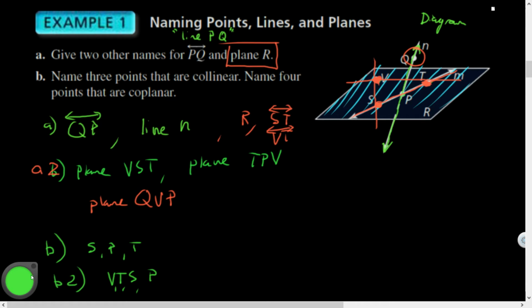Which, by the way, there does exist a plane that passes through Q, P, and S, which also would have T on it, I just realized. Like the plane that is made up of this line and has Q on it. So imagine this tilted, if I was able to draw it. This plane would also have T, P, S, and Q on it. So that would be an alternative answer.